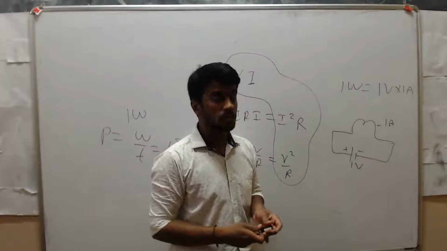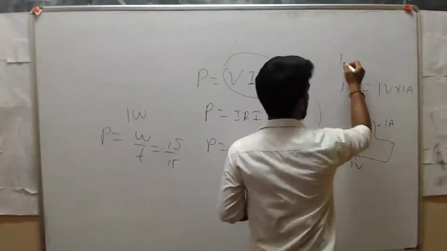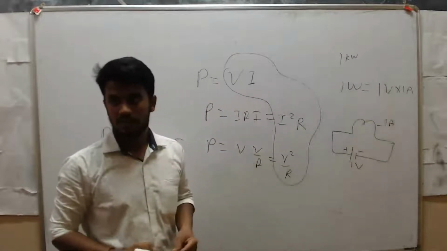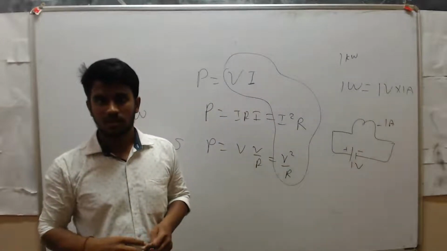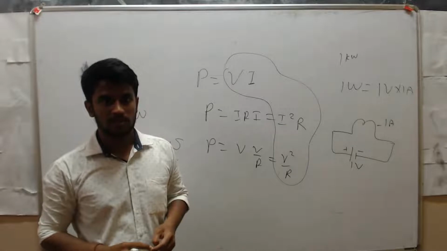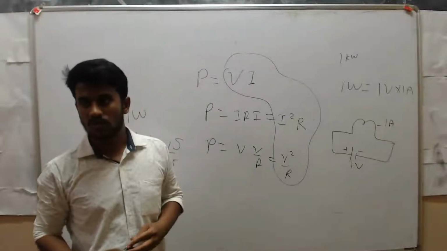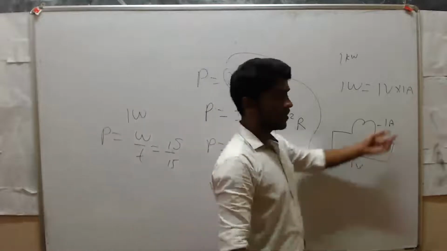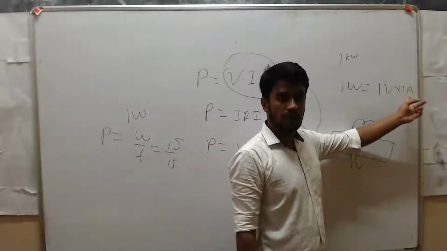Okay, now clear, what is 1 kilowatt? What is the meaning of 1 kilowatt? 1000 watt. 1 watt means 1 volt and 1 ampere current.